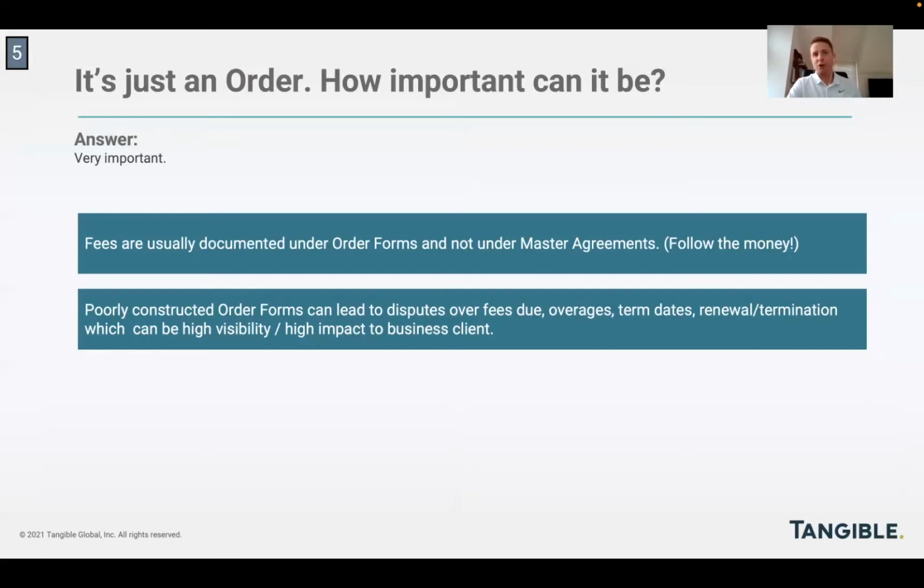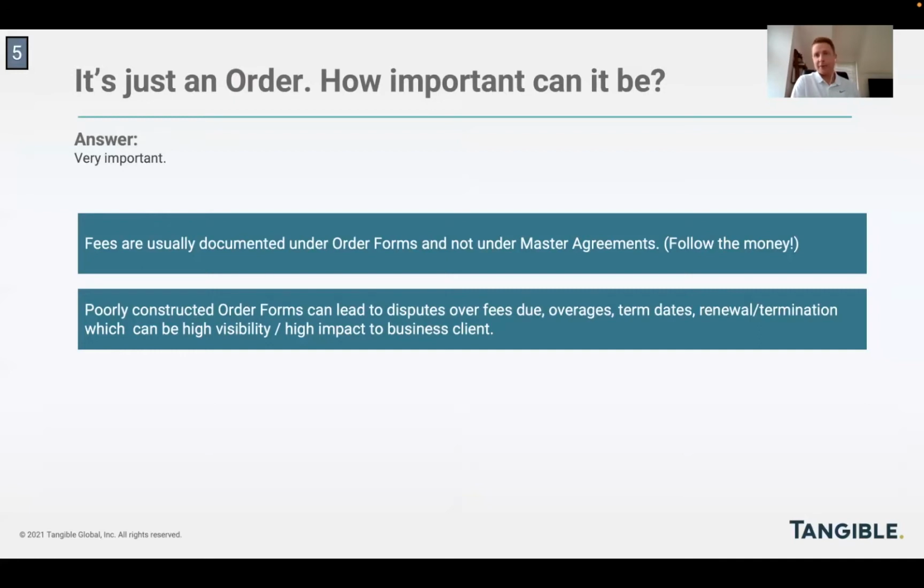Poorly constructed order forms can lead to fee disputes, disputes over overages or renewal rights or term dates. And these kinds of disputes, or otherwise mistakes in an order form, are highly visible to a lawyer's business clients.